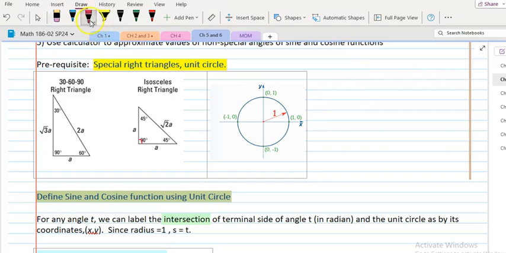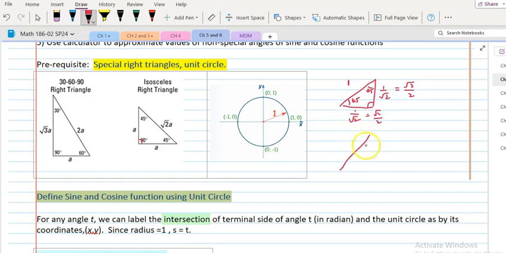When we draw it for the unit circle, the triangle that we draw is always this way. So if I have a 45, 45, we want the hypotenuse to be 1. If the hypotenuse is 1, what would be the vertical and the horizontal sides? It will be 1 over root 2, right? Or if you rationalize it, it's root 2 over 2, and the other is also root 2 over 2.